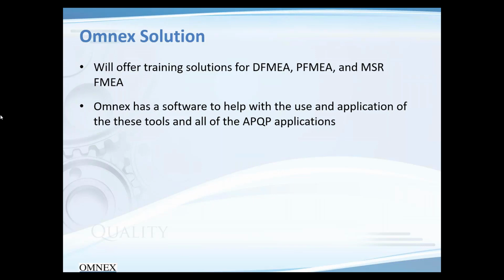So as part of the AIAG-VDA transition plan, we will help you with the transition for all the ARCO Pro users. We can convert, we'll help you convert your existing design and process libraries of segments into production items, and then you can use that to have your function nets and failure nets.